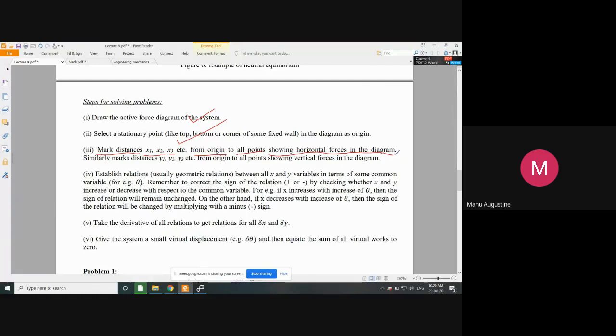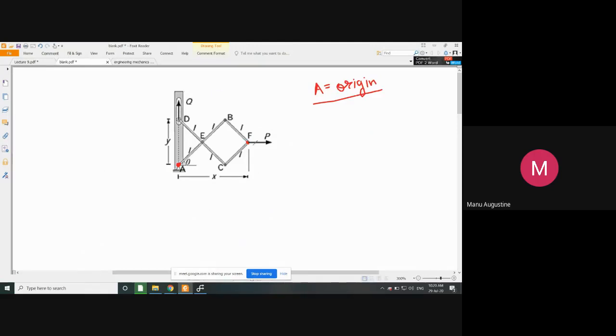So what is this saying? In your figure you have already made the active force diagram. Active force diagram is already done. Now go back and check out of all the active forces how many forces are horizontal. So I have only two active forces. One active force is Q and another active force is P. And now I have to check out of all the active forces, in this case there are only two, how many horizontal forces are there? There is only one horizontal force.